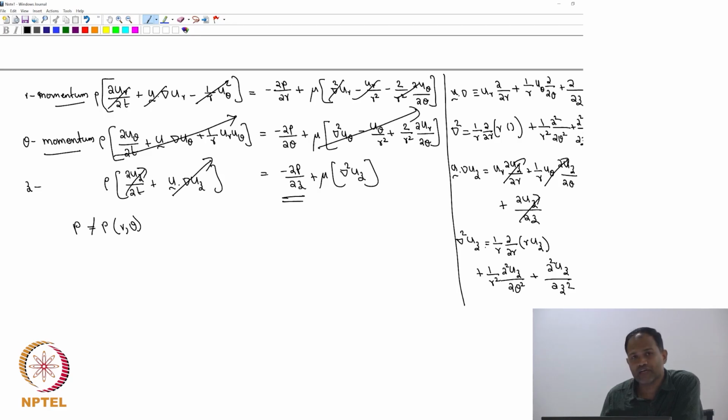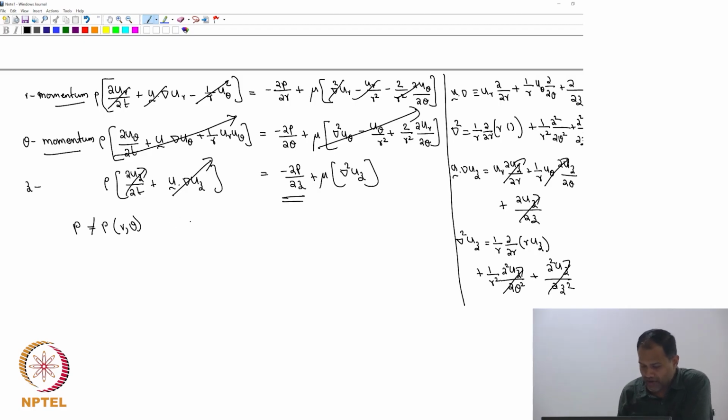The first term is non-zero. The 1/r² ∂²uz/∂theta² term is 0, and ∂²uz/∂z² is 0. So it is only that term that is left.